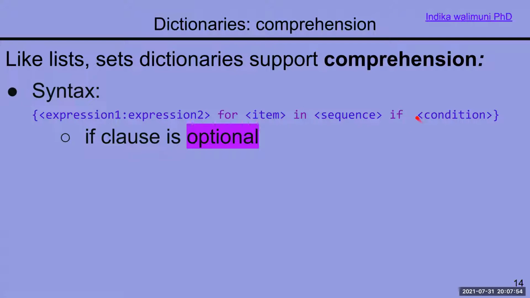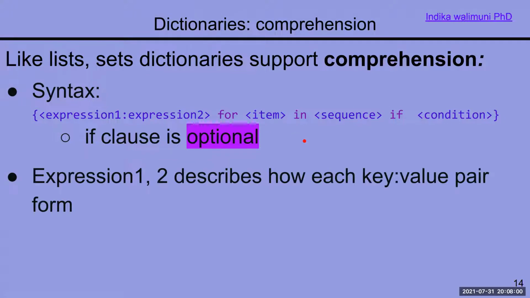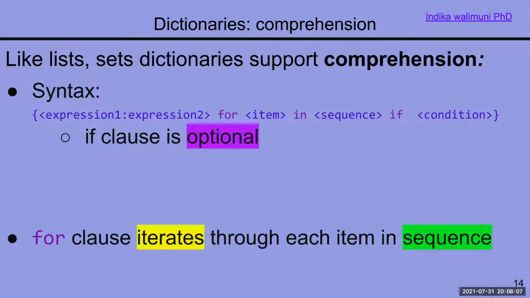Expression 1 and 2 describe the key value pairs, how we are going to form them. The for clause iterates through the sequence. It could be a string, a list, or another dictionary. All right.